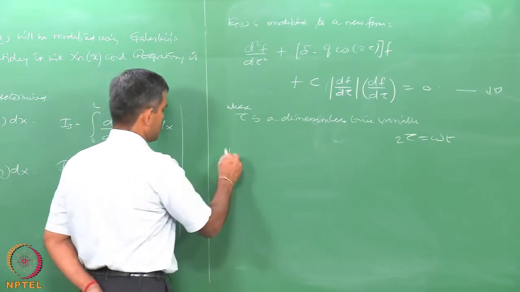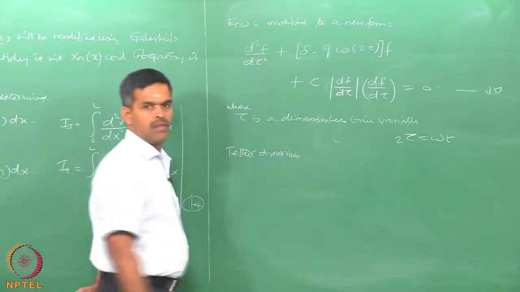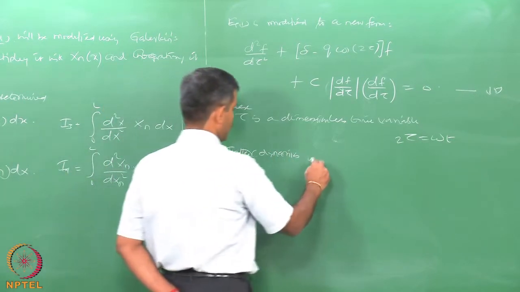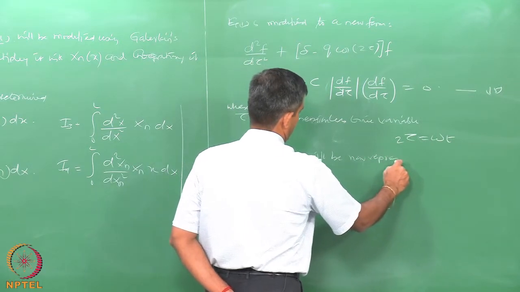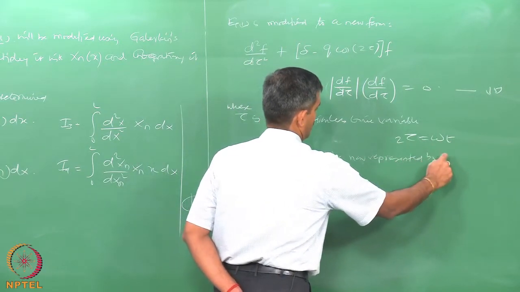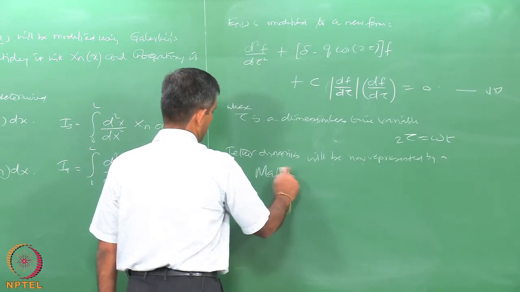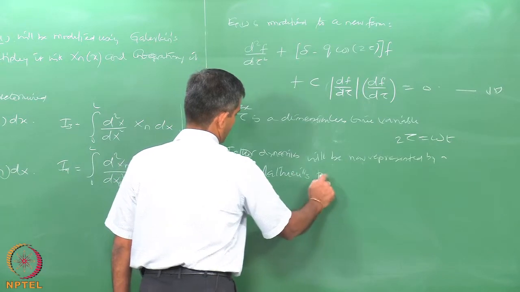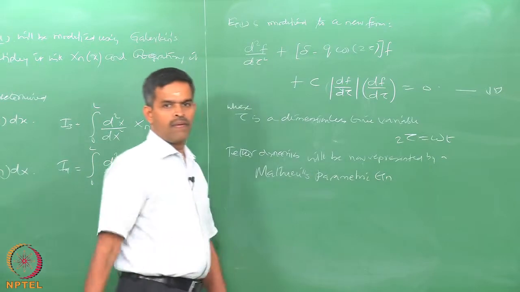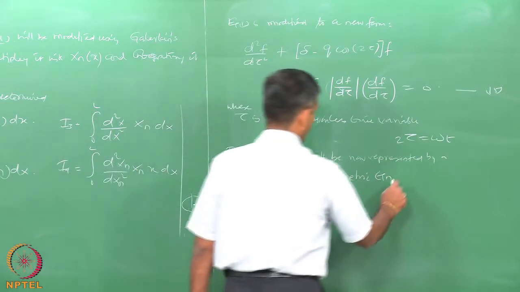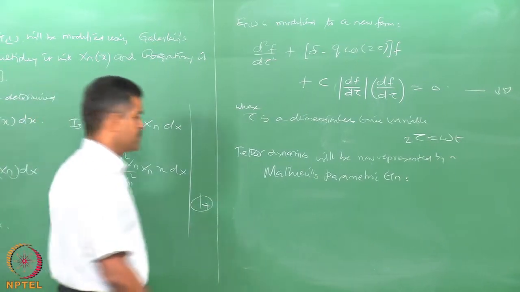Now, the tether dynamics will be now expressed, represented by a Mathieu parametric equation where there are two parameters. Let us say what are these parameters?